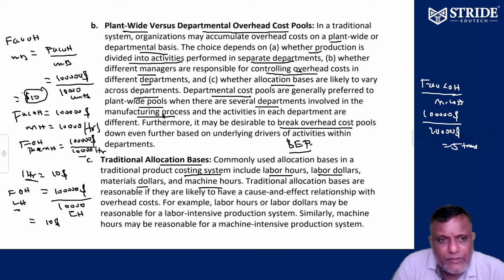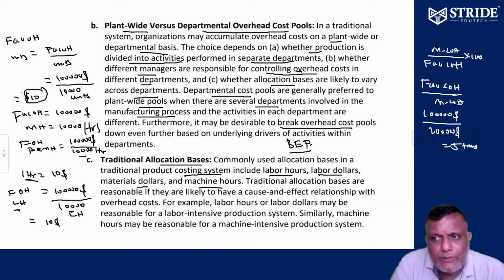You can say per hour $10, per unit $10, just like this. In terms of percentage, it is material cost or labor cost as numerator, factory overhead as denominator, times 100. Material cost is $20,000 and factory overhead is $100,000, so $20,000 by $100,000 is 20%, which means material cost is 20% of factory cost.